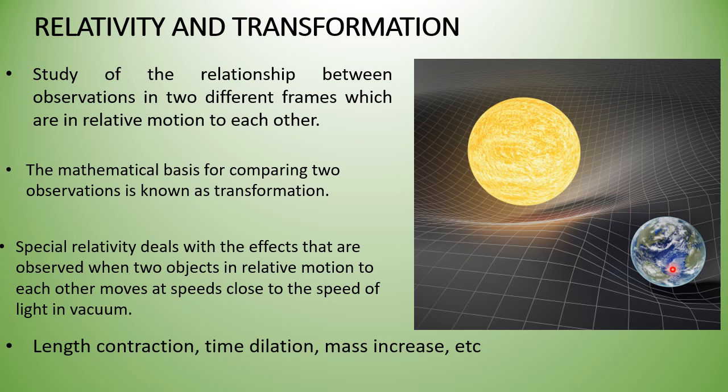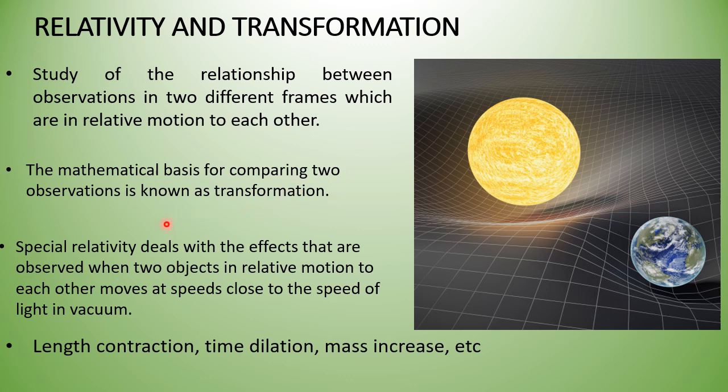So if we make observations of the same event, since these two objects are moving relative to each other, we will try to find a relationship between the observations that describes what we have measured. Now, another thing we need to explain is the transformation, which is the basis for comparing two observations.